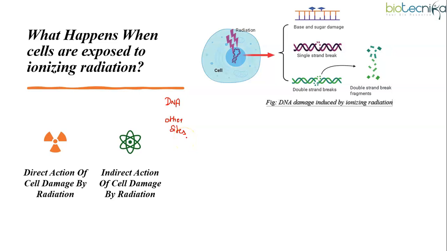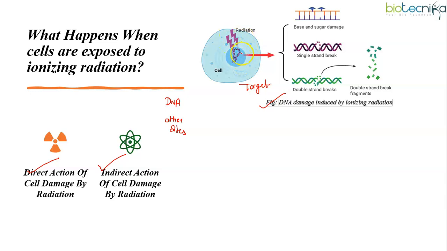So when directly ionizing radiation is absorbed in biological material, the damage to the cell may occur in one of two ways: direct action or indirect action. In direct action, as shown over here, the radiation interacts directly with the critical target in the cell.